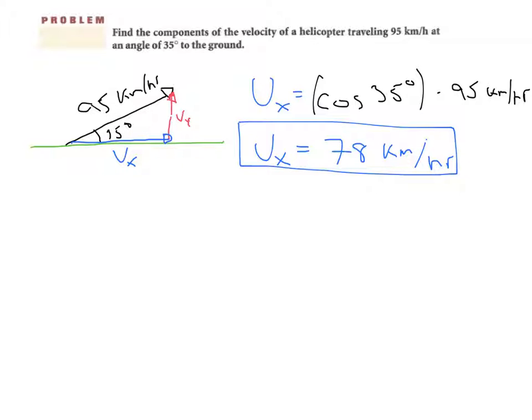So that's going to be Vy is equal to the sine of 35 times 95 kilometers per hour. We solve that for Vy, and we end up with Vy equal to 54 kilometers per hour.